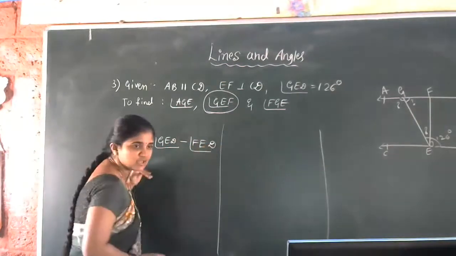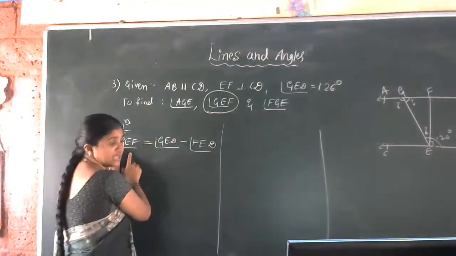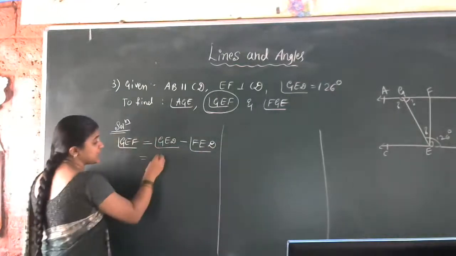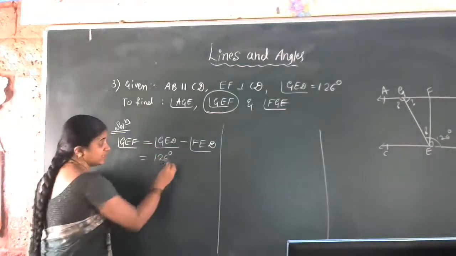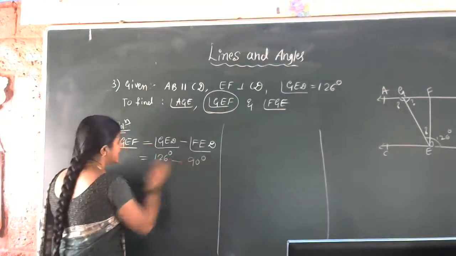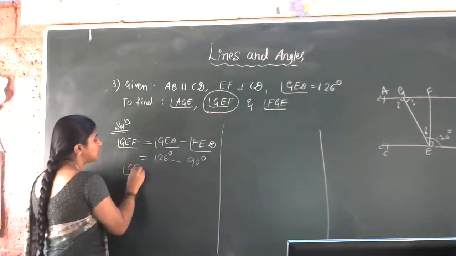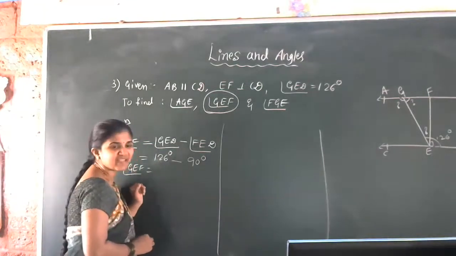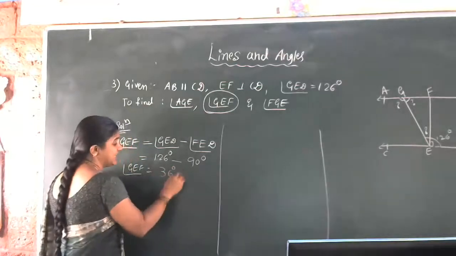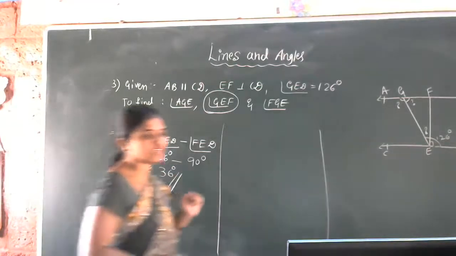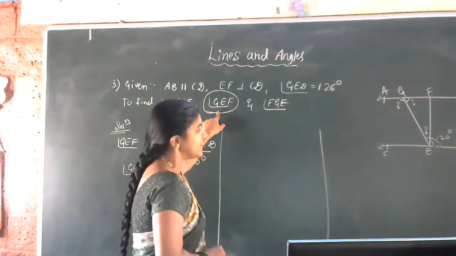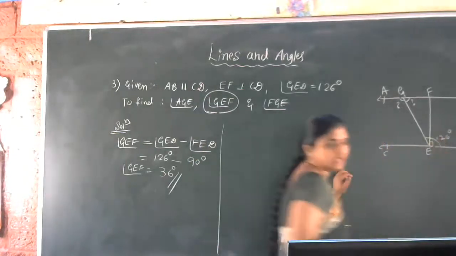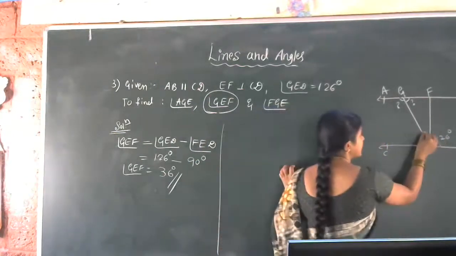Total angle GED is given as 126 degrees, and FED is 90 degrees. So angle GEF is 126 minus 90, that is 36 degrees. Here we got the first angle measurement. I'll rub out this question mark, since we got this one as 36 degrees.